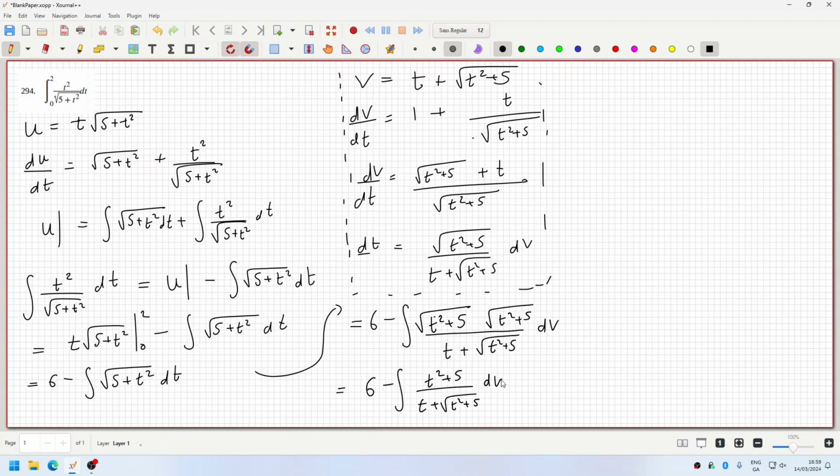If I square that, I'll get v squared equals t squared plus twice t root t squared plus 5 plus t squared plus 5.